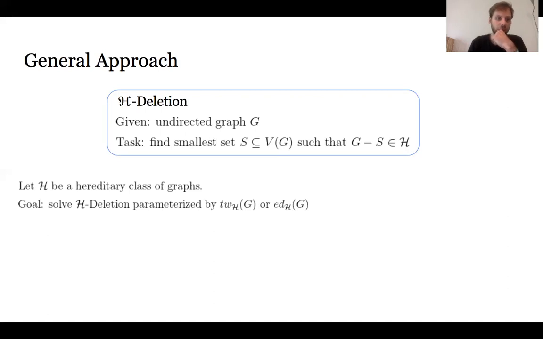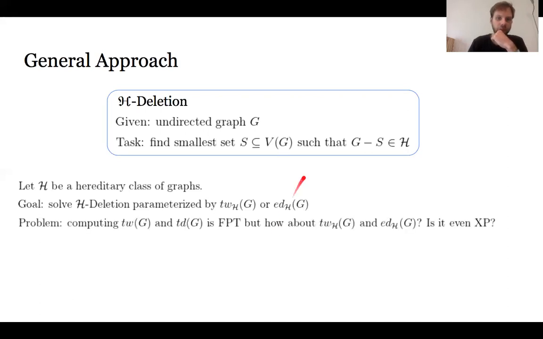And here we arrive at some problem. While it is easy to define some graph decompositions that makes it easy to solve H deletion, it may be the case that finding such a decomposition is a harder task than solving H deletion itself.